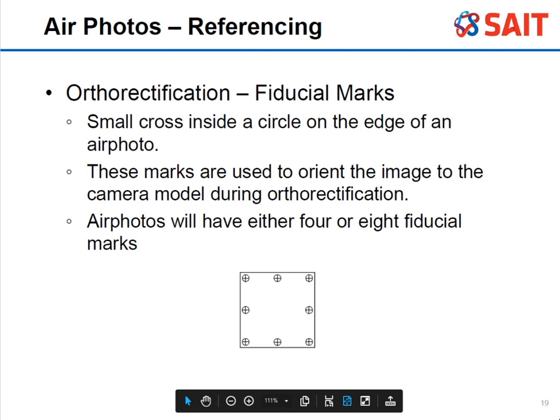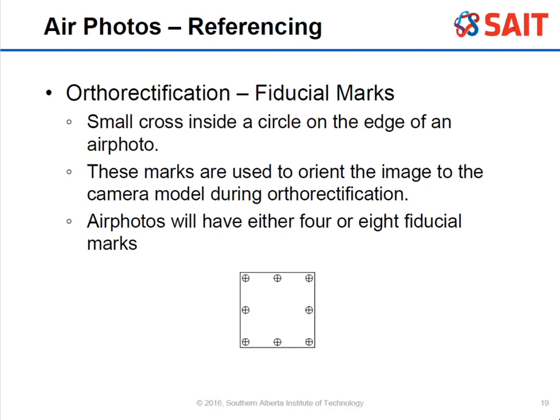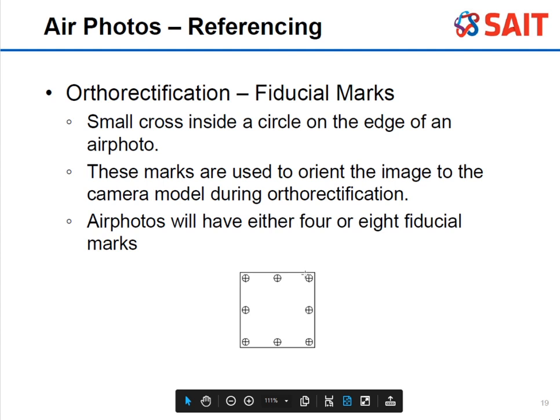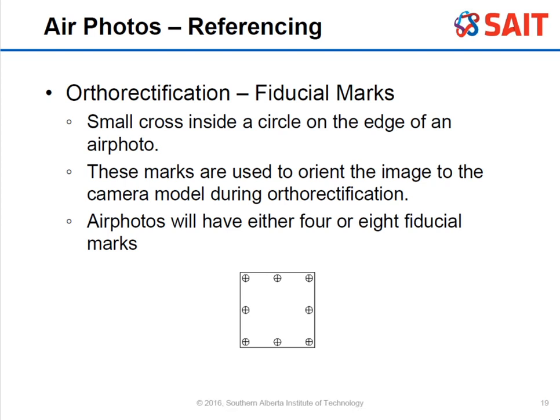So what makes it special is these fiducial marks. We have these little crosshairs. It's called a metric camera if it has these marks in it, and each of those marks will tell us the exact information that we need to know about distortions within the camera itself as well. So we can use those crosshairs to orient it outside and inside.